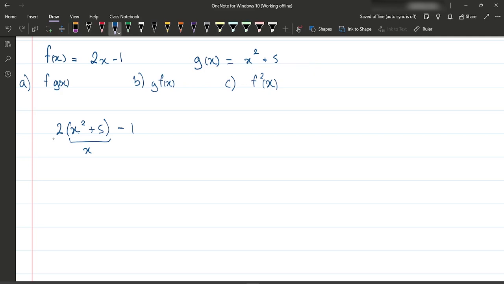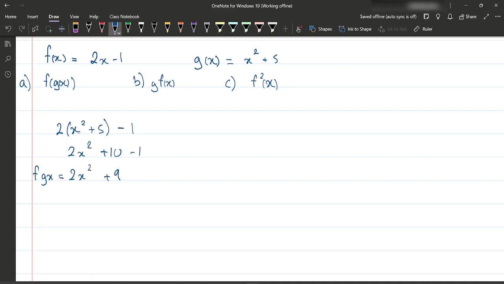So take everything in g, put it into f. It's as simple as that. Now we can simplify: 2x squared plus 10 minus 1, then 2x squared plus 9. So f of g of x is equal to 2x squared plus 9.